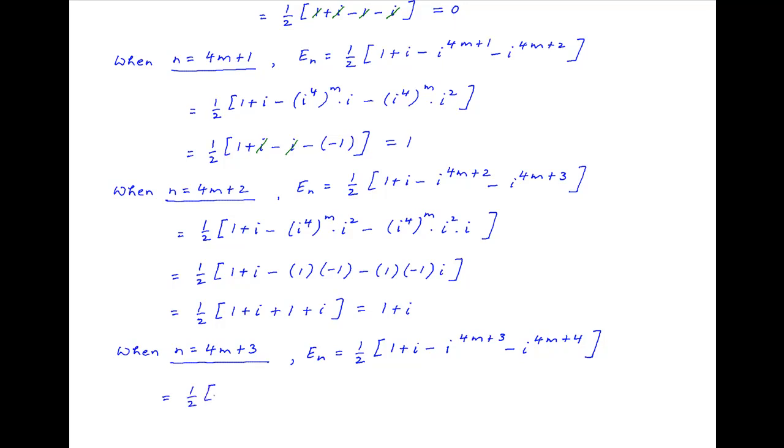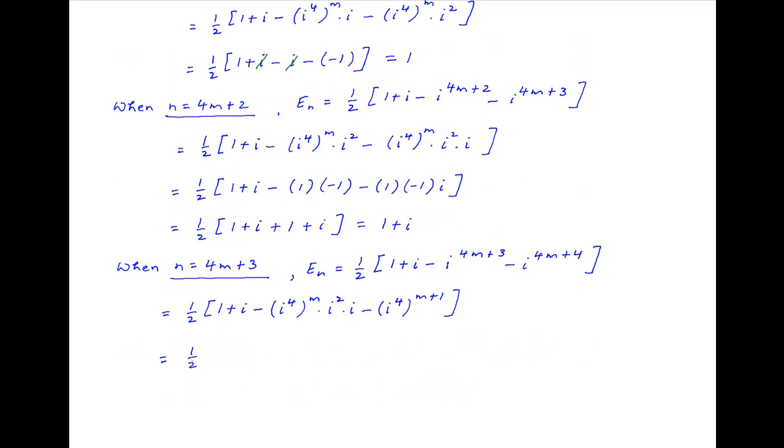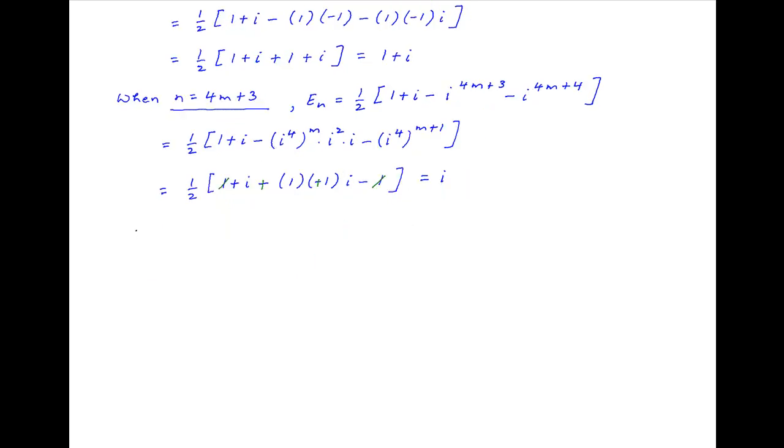This is equal to half of, in brackets, 1 plus i minus i raised to the power 4 raised to the power m times i square times i minus i raised to the power 4 raised to the power m plus 1. i raised to the power 4 is equal to 1 and i square is equal to minus 1. Therefore, En is equal to half of 1 plus i minus of minus 1 times i minus 1. 1 cancels inside the brackets and the value of En is equal to i.